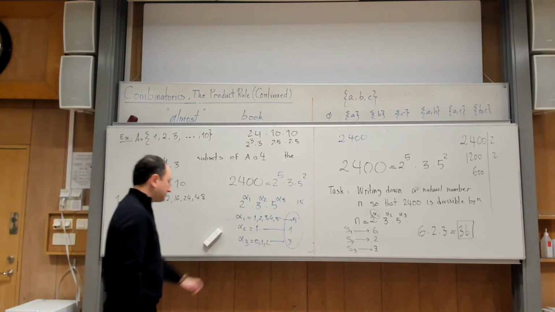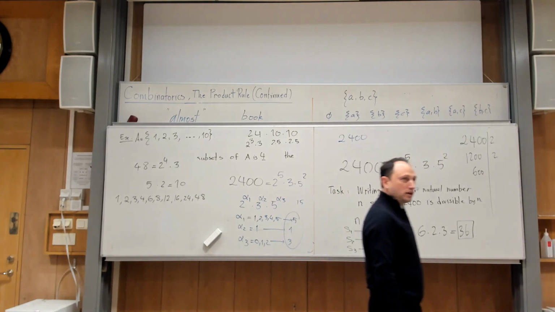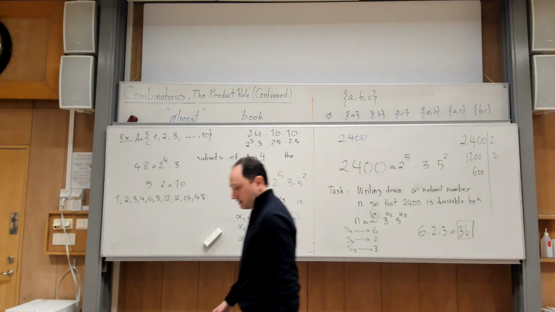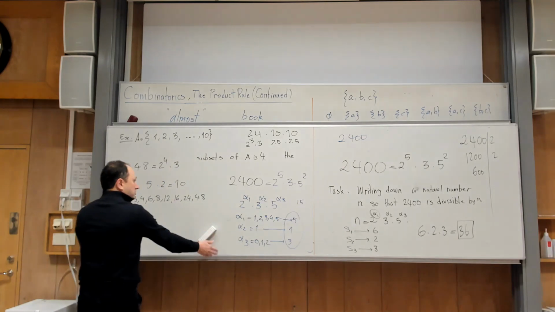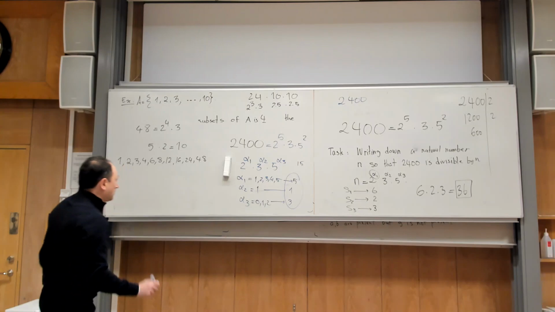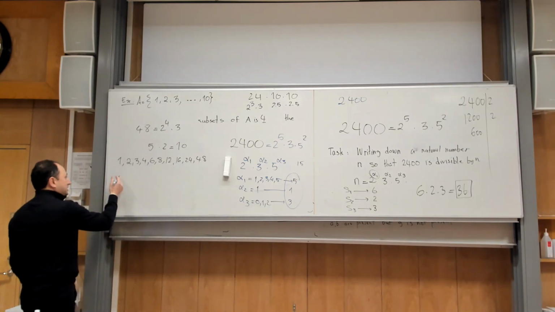Okay. Now let me ask you another question. That is probably a better question. The question is that, I want to wait for you because probably it's a very nice problem.